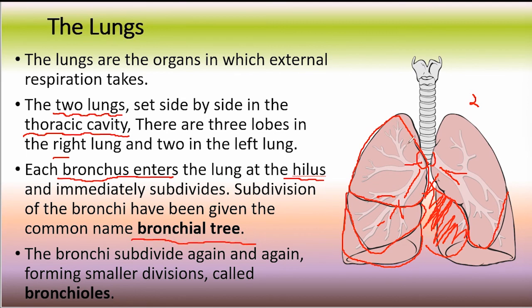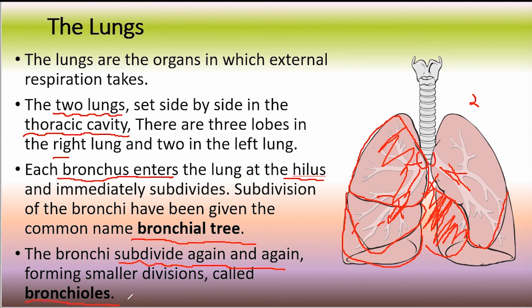So inside the lung, part of it is just the bronchial tree. And they branch or divide again. And finally, they become pretty tiny, and we call them bronchioles.